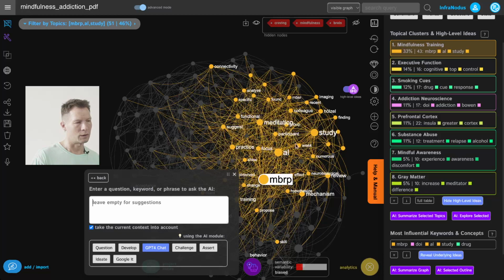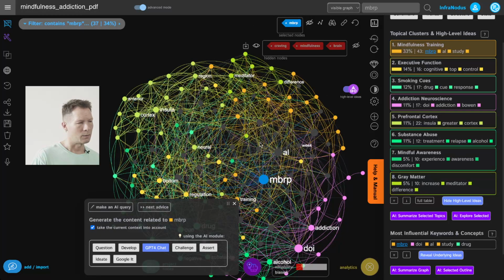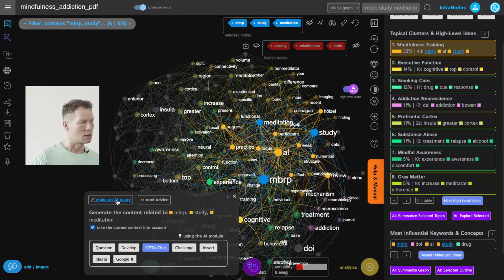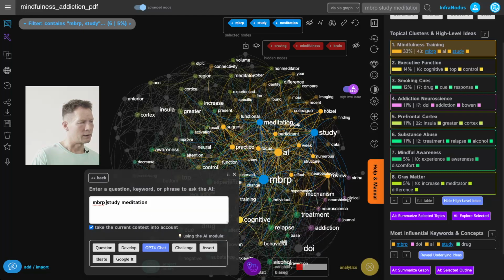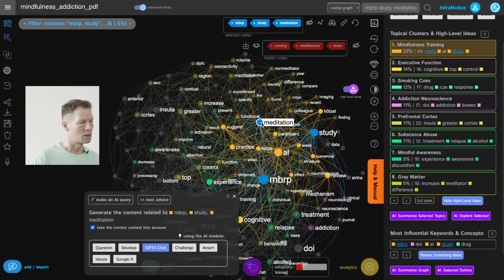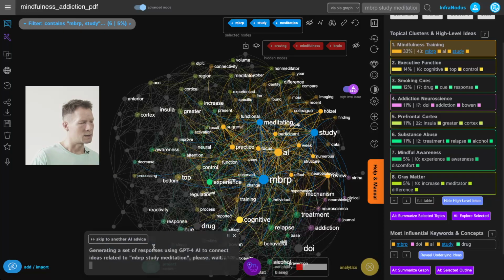So we can select, for example, MBRP, study, meditation, and then either make a manual query here, or even just based on the selection, use ChatGPT, and then it will generate some ideas in relation to those terms, taking the context of the document into account.